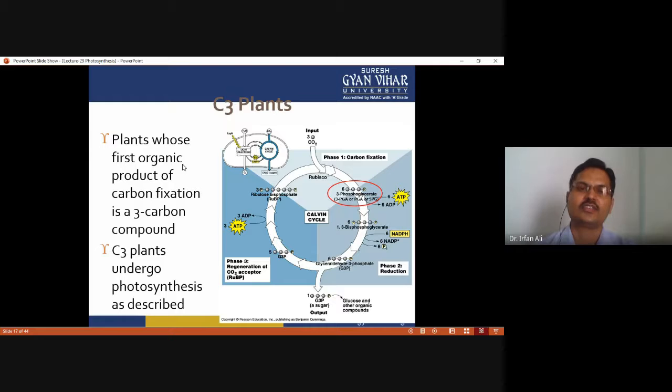The plant whose first organic product of carbon fixation is a three carbon compound, 3-phosphoglycerate, is called a C3 plant. All C3 plants carry out the Calvin cycle as we discussed here.